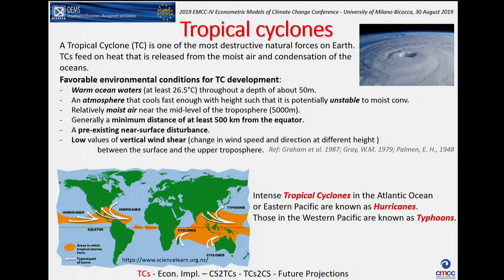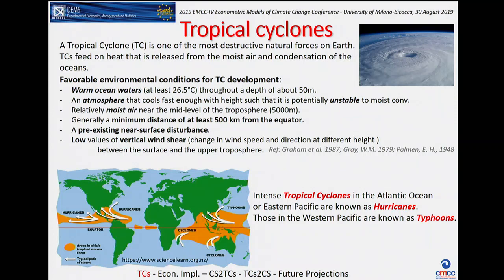We have to be not too close to the equator, because the mass of air that tends to converge to the sea level pressure minimum we typically have when a tropical cyclone starts to develop needs a force that tends to deviate this converging mass of air, and this force is the Coriolis force, which is strongly related to latitude. It is 0 at the equator, so we cannot have any kind of cyclonic structure forming at the equator.